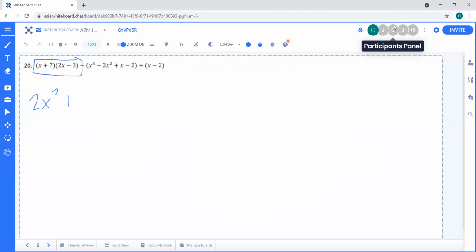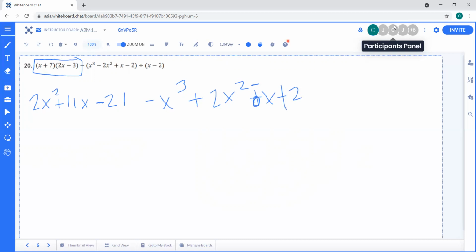So it should be 11x plus 11x minus 21, minus 21 minus, we have to negate all of these, plus x is going to negate it, plus 2.